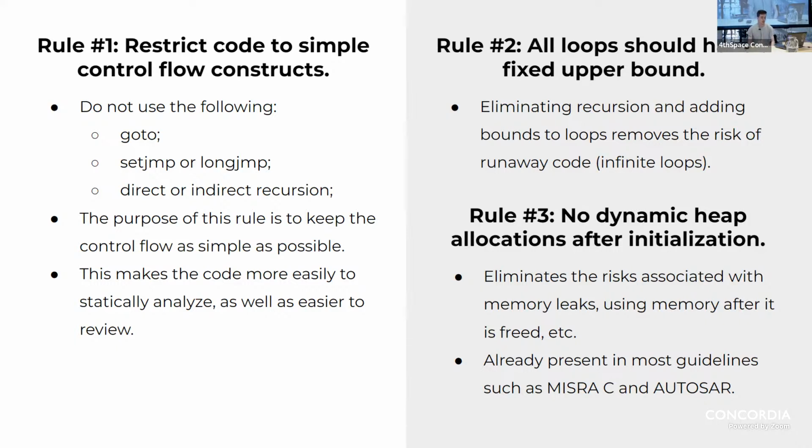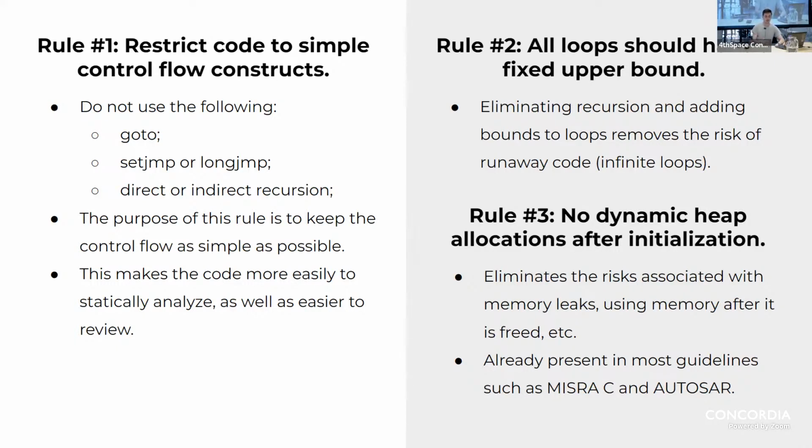This rule alone eliminates a whole lot of issues that are caused by improper heap usage, such as memory leaks. A memory leak on a project where the memory is as limited as what we have can get out of control very quickly, especially in a project where that code will run 24 hours a day, 7 days a week for months, even sometimes years.